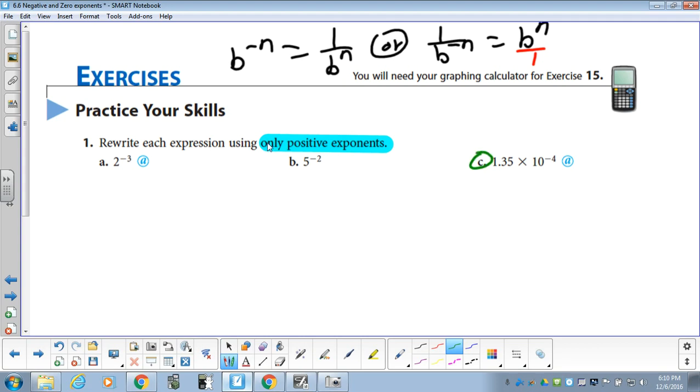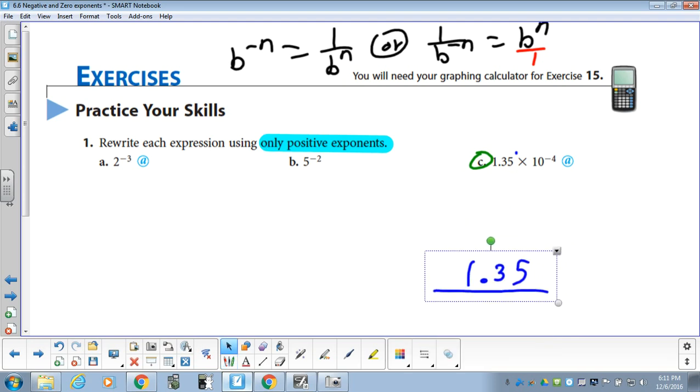So we got 1.35. That has an invisible exponent there of a 1. It's a positive 1. An invisible exponent of a 1. So we don't really need to do anything to it. So we're going to have 1.35 in the numerator here. And if I backtrack a little bit, all numbers, all things can be written as a fraction as over 1. So what happens is when we have a negative exponent, it needs to go to the other side.